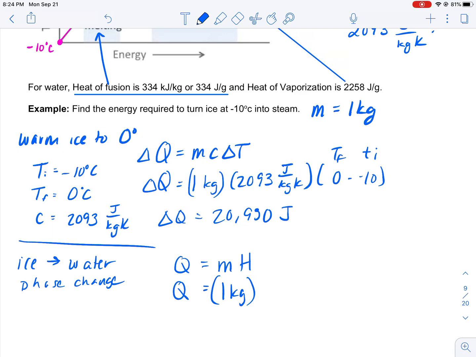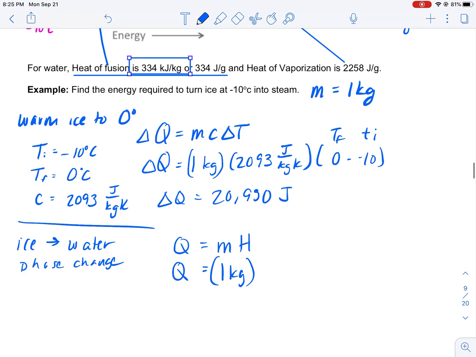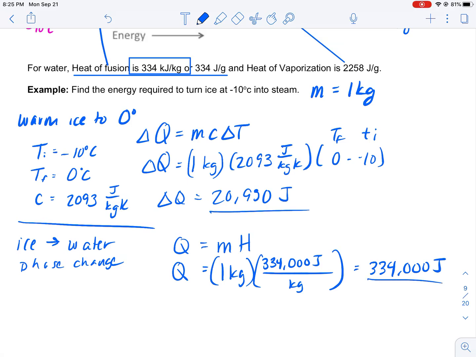It's the same amount of water. And the heat of fusion for that water is 334 kilojoules, so that's 334,000 joules per kilogram. And when I multiply that out, I'm going to get 334,000 joules.